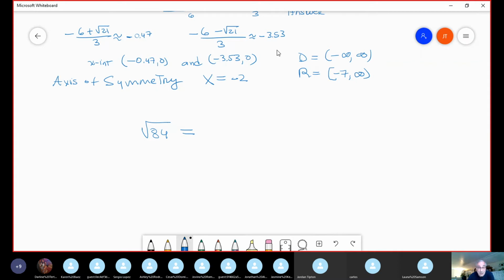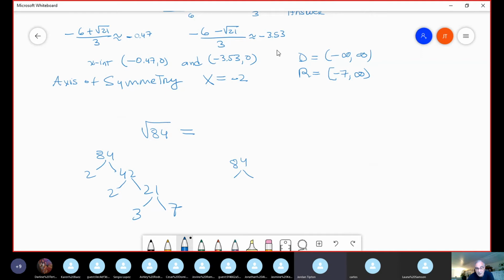I discovered that 84 was 2 times 2 times 3 times 7. This is the prime factorization. Are you familiar with the prime factorization? It doesn't matter the way you break it down. The factorization is unique.